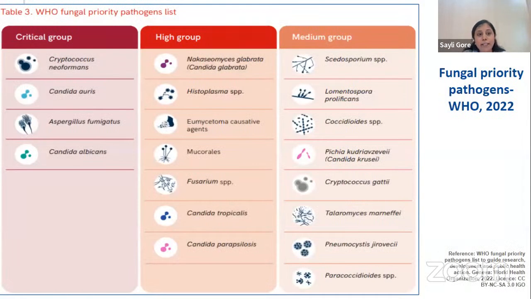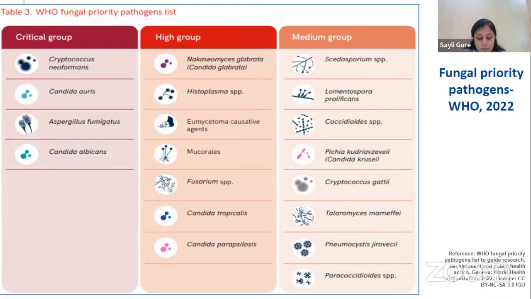First and foremost, I chose this WHO fungal priority pathogen list to introduce these organisms to you. This is a catalog of 19 fungi that pose the greatest health threat, and they are rapidly emerging as resistant pathogens from the clouds of bacterial resistance.